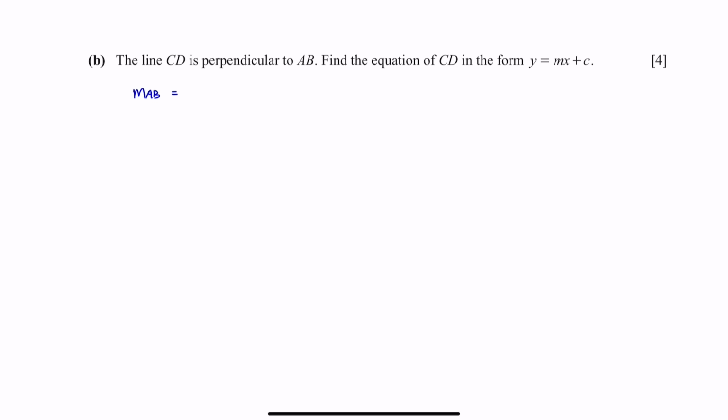So the gradient of line AB would be (-6 - 6) over (4 minus -5). This would give us -4 over 3. And CD is perpendicular to AB. That means the gradient of CD would be 3 over 4.